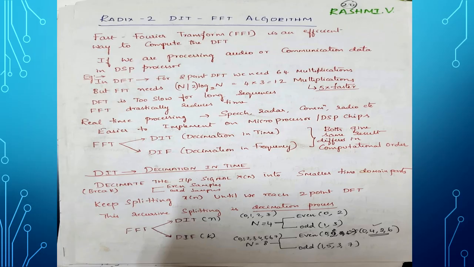The DFT is too slow for long sequences. FFT drastically reduces the time. Real-time processing such as speech, radar communication and radio communication is easier to implement on a microprocessor or DSP chip using FFT. There are two ways in which the fast Fourier transform can be carried out: one is decimation in time and another is decimation in frequency.